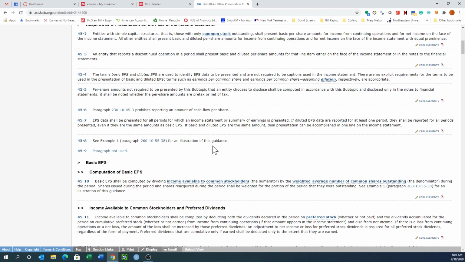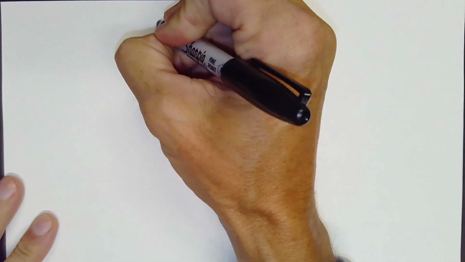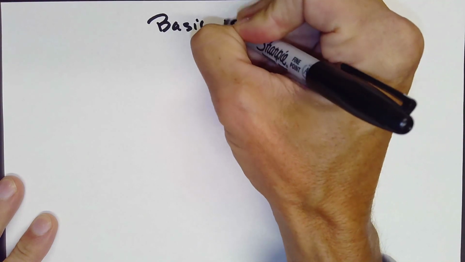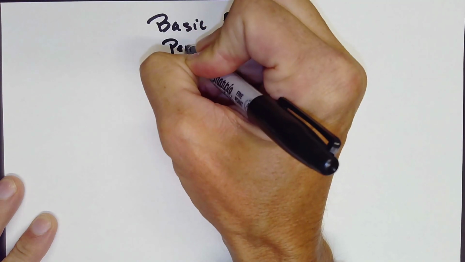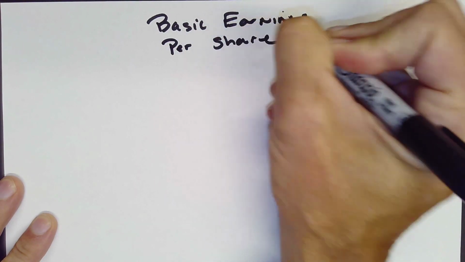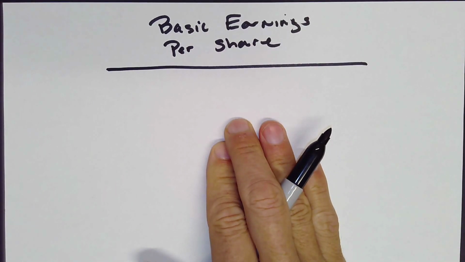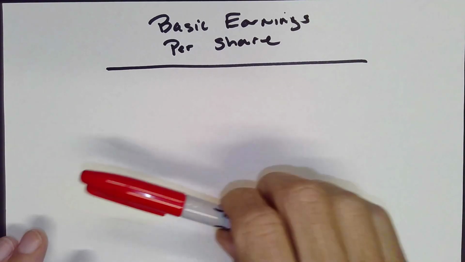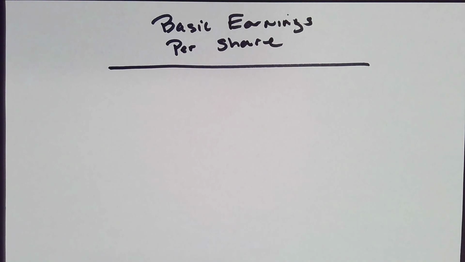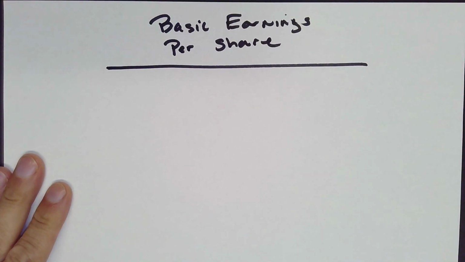And the first thing we want to look at is basic earnings per share. And the key here is basic earnings per share on income available to common shareholders. So in your previous class, you learned that there may be different classes of equity.